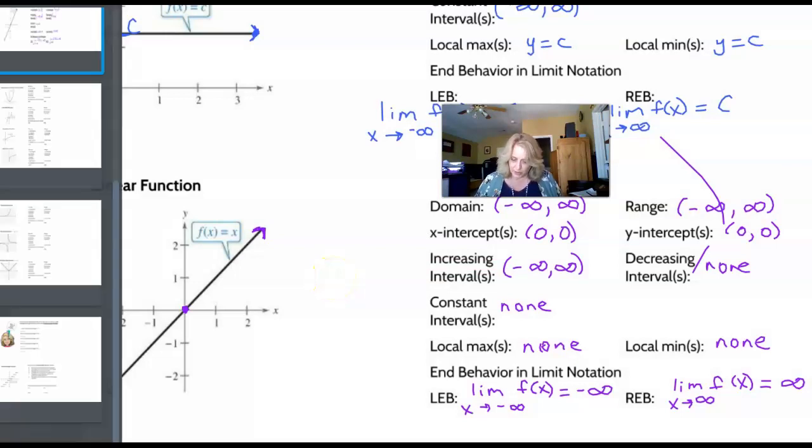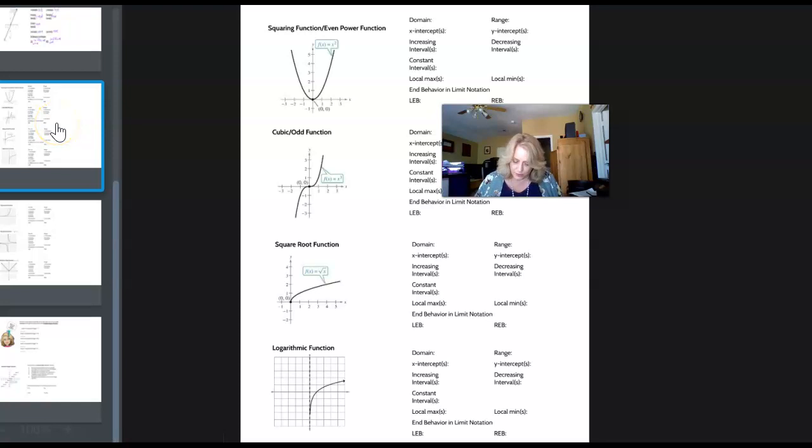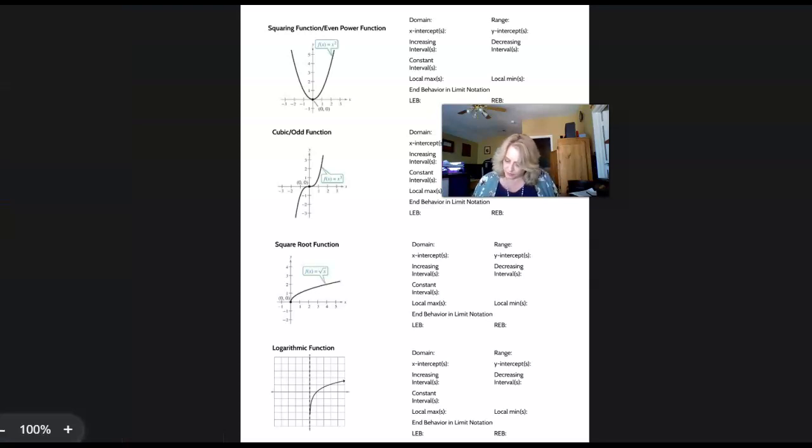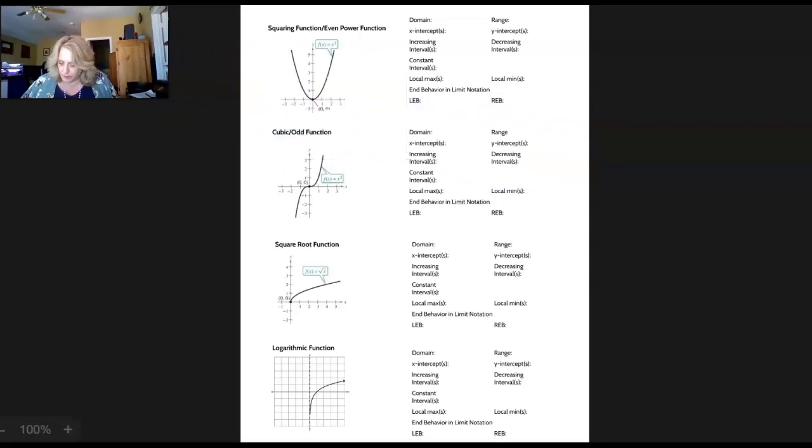Let's see, what page are we on? We're on 3, so we're going to go to page 4. And let me make this bigger and maybe put this in the left corner.